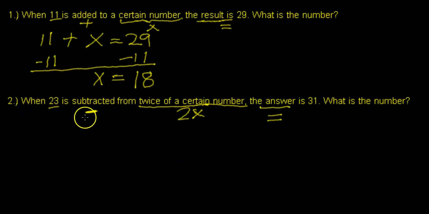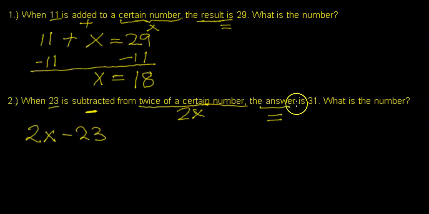So we look at this and then try and write down our algebra equation, right? What we need to do is be careful about the first statement. It says 23 is subtracted from twice a certain number. So we start with twice a certain number, and 23 is subtracted from it.